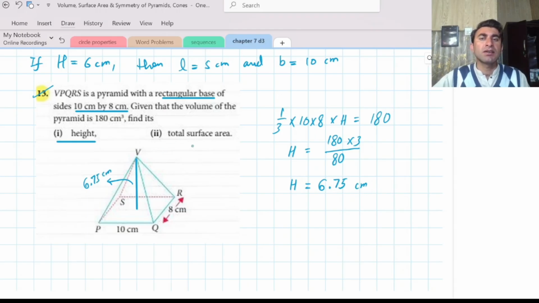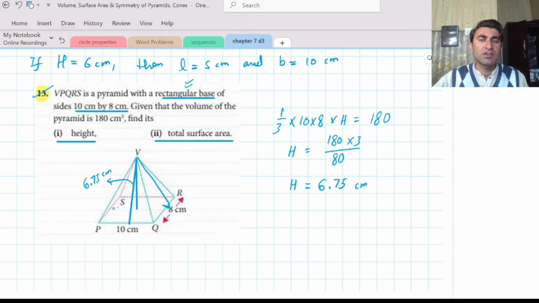Now in order to calculate the total surface area, definitely we need to draw its net, as well as we need to find the slant heights, because it is a rectangular base and there will be two slant sides, one over here passing through the midpoint of side QR and other over here passing to the midpoint of side PQ with the 10 centimeter.